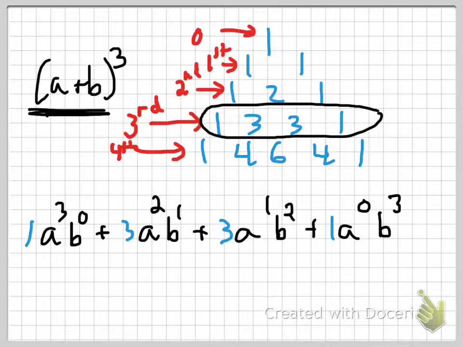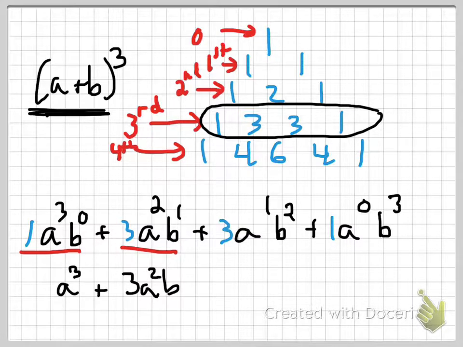So it's kind of messy. I know it looks complicated, but if you clean up each of these terms, think about this first term here. 1 times a cubed times b to the 0 is really a cubed. Plus this next term is 3a squared b to the first power, so I'm just going to write plus 3a squared b.